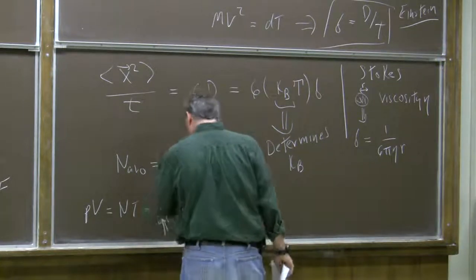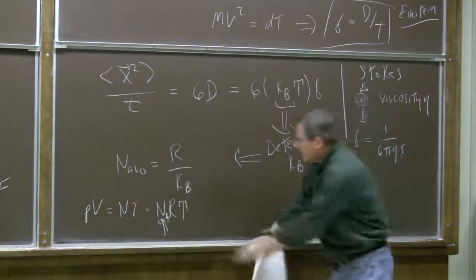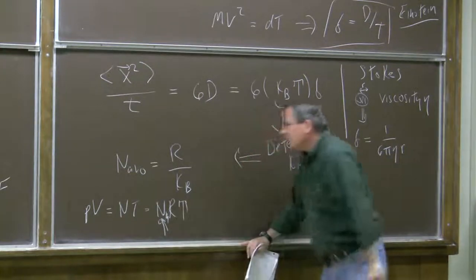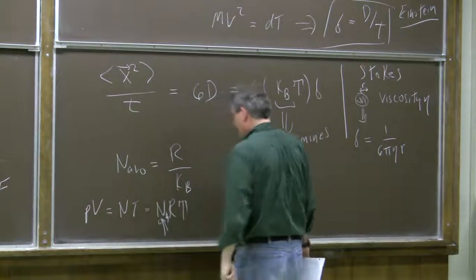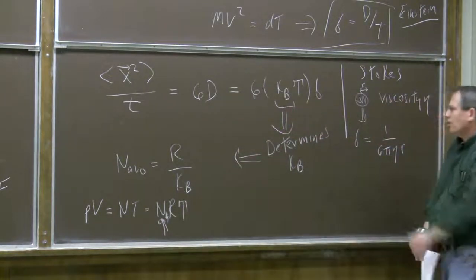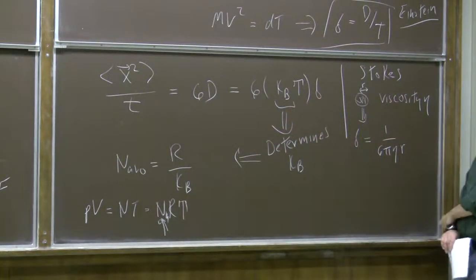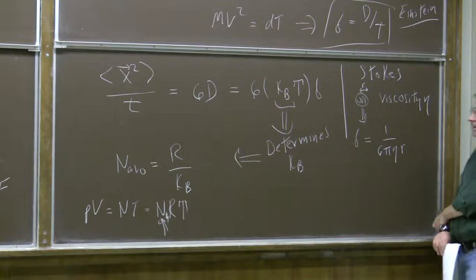Well, the constant R was known, and R was just N, the number of particles in a mole, times Boltzmann's constant. So it determined Boltzmann's constant and hence Avogadro's number.